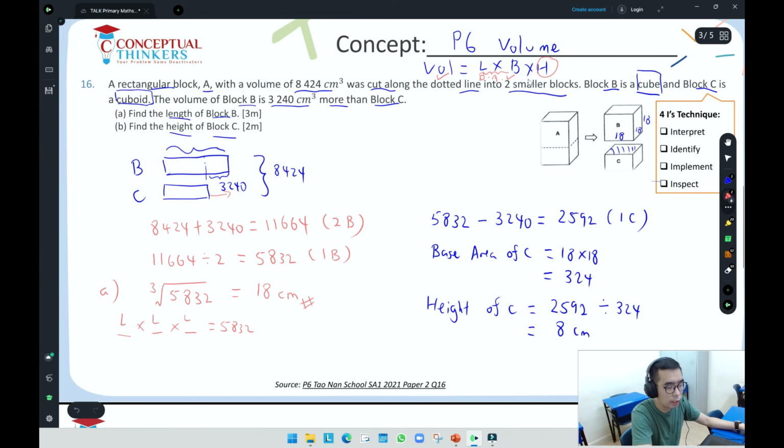This will be the answer for part B. While doing this, please remember to check your answer so that it makes sense. Please ensure that you don't make any careless mistakes in your calculation, and also when you transfer the numbers, that all the numbers you are using are correct.